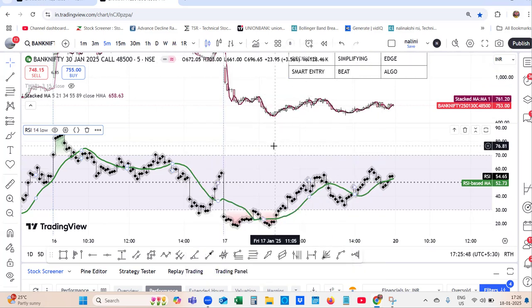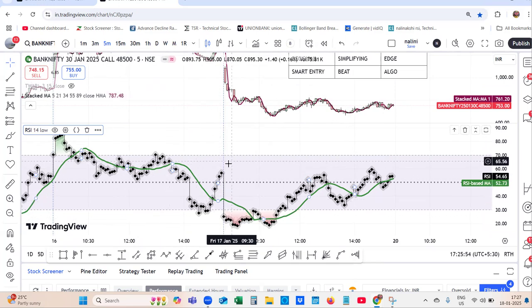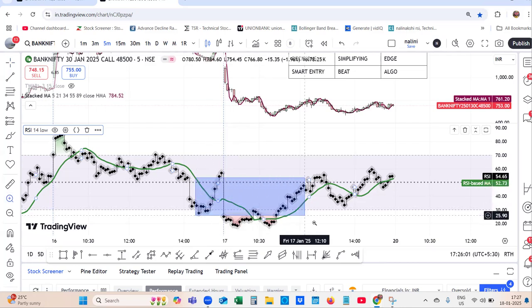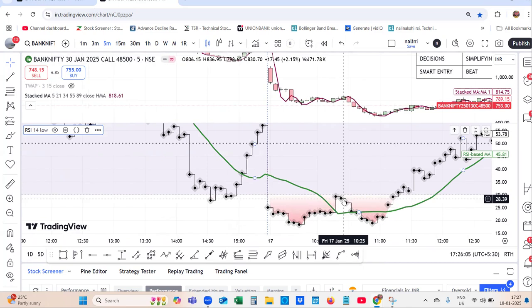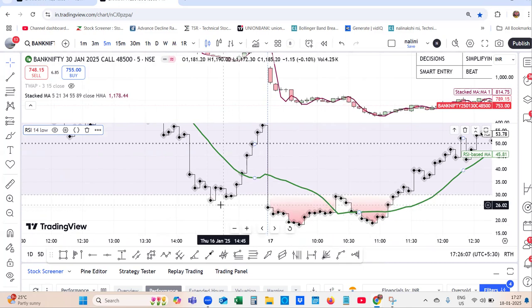Actually, what happens in the step line chart, the data points are connected by horizontal and vertical lines. When they connect this way, you will get the step line formation in the chart. RSI is a very good indicator.